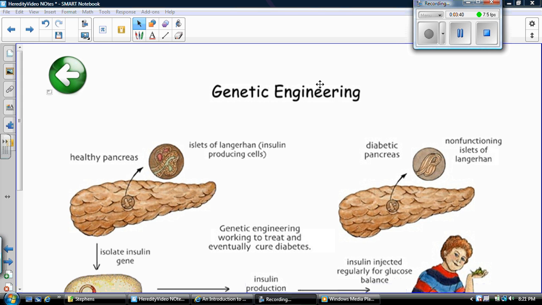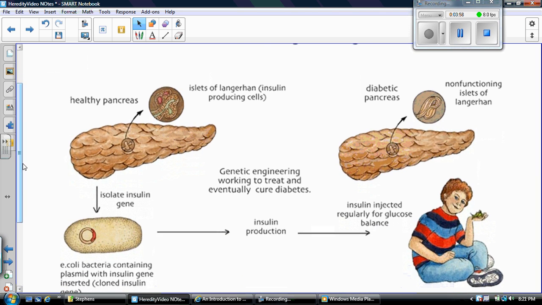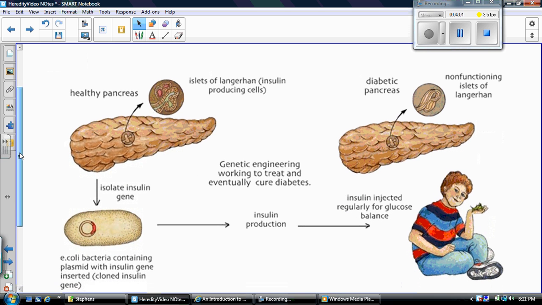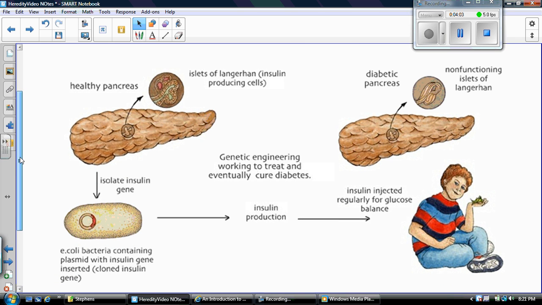All right. So what recombinant DNA is, it's basically taking a gene out of a chromosome of a cell, and putting it into somebody else's cell so that that gene can work and help that person become healthy. So an example of this is with your pancreas. Inside your pancreas, that's where insulin is produced in those cells. So what they do is they isolate the insulin gene, the gene in the pancreas that makes insulin.